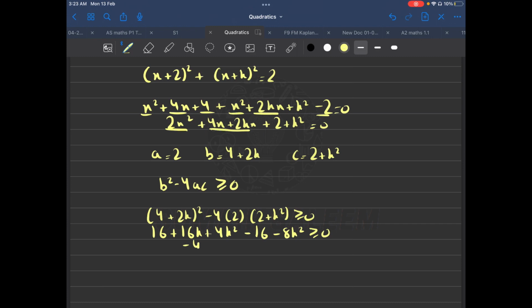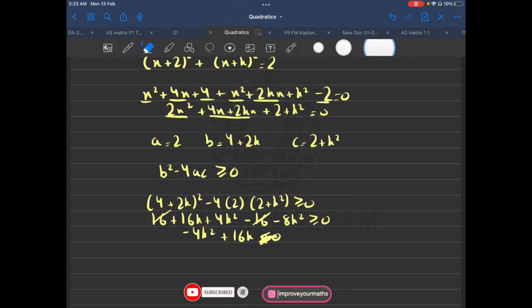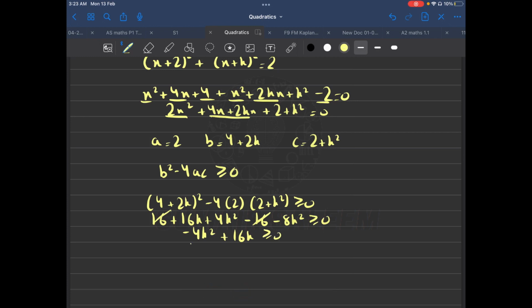It's going to be minus 4k squared plus 16k, as the 16s cancel out. Now the problem is there is a negative k squared. So in order to convert this to positive, I'm going to shift the signs, and then this greater than or equal to will become less than or equal to.